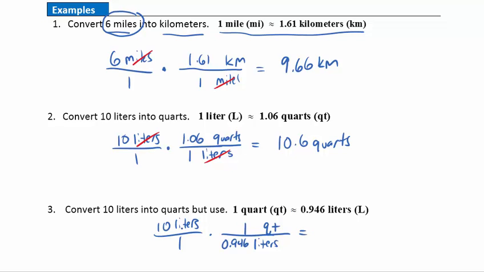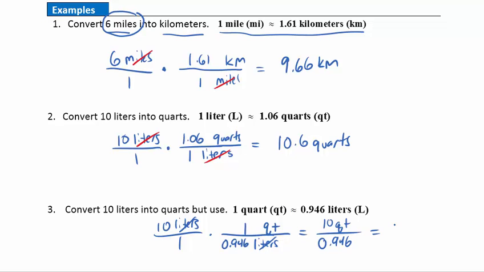Going straight across the top now, my liters are going to divide out, and then I'll multiply straight across the top. I'll get 10 quarts over 0.946. So basically I'm just going to take 10 and divide by 0.946.